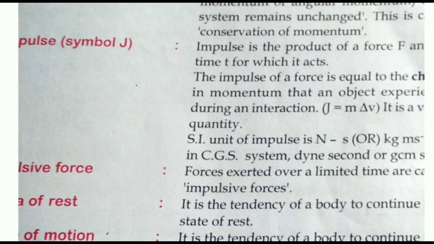Then we get F net into delta T is equal to delta P. From the above equation, the product of net force and interaction time is called the impulse of net force.